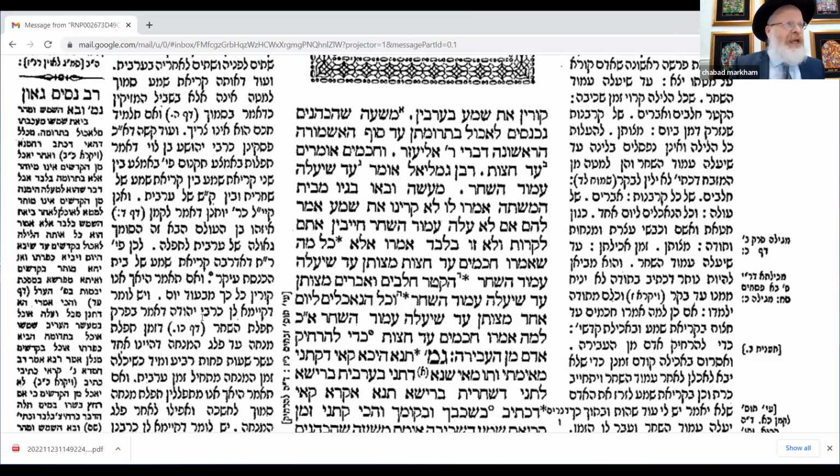So if nightfall is 6 o'clock, and the end of the first watch is 10 o'clock, it's from 6 to 10. So that's the opinion of Rabbi Eliezer, that you can say the Shema from nightfall until the end of the first watch, which is 1/3 of the night, which is right around 10 o'clock.